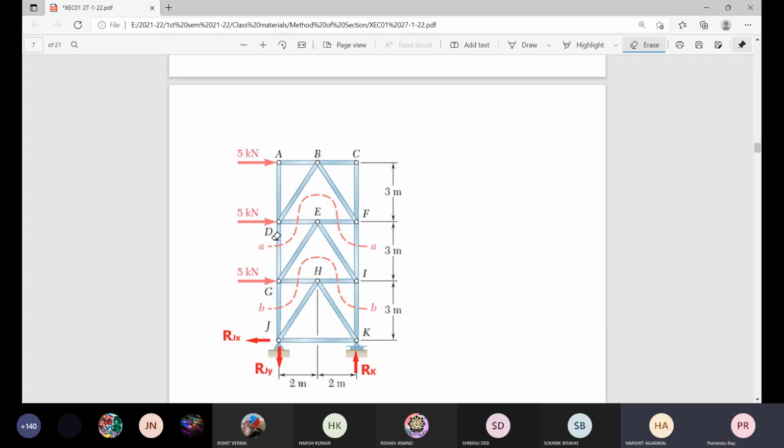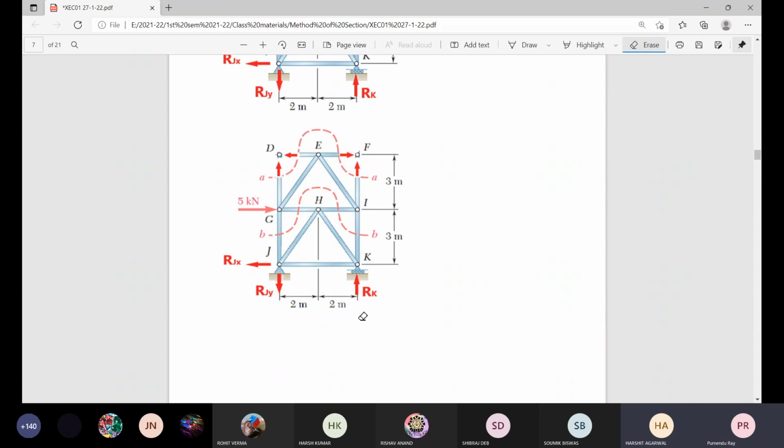Now for the members DG and FI, if we consider the lower part, these are the four member forces for those members which are being intersected by this cutting plane, and we need to find out. The section name is small a, a. Then naturally you can find out very simply these things.